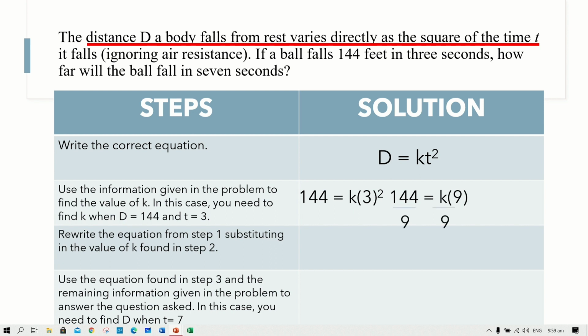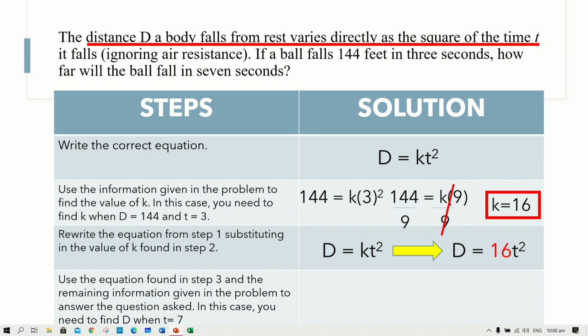Divide both sides by 9 to solve for k, and the value of k here is equal to 16. Step number 3, rewrite the equation from step 1, substituting in the value of k found in step 2. So we now have capital D is equal to kt squared. That is now capital D is equal to 16t squared.